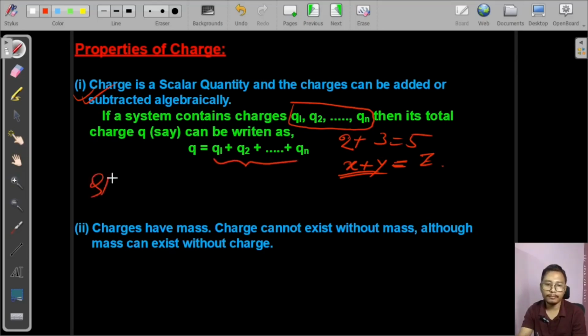For example, suppose there are such charges in a system: 2q, plus 2q charge, minus 4q charge and 3q charge. Suppose this much charge is there in a system.